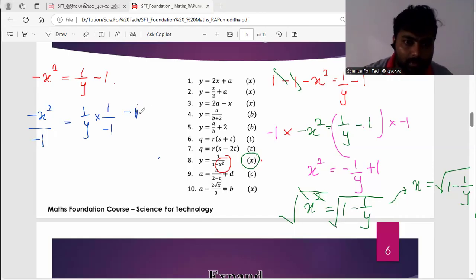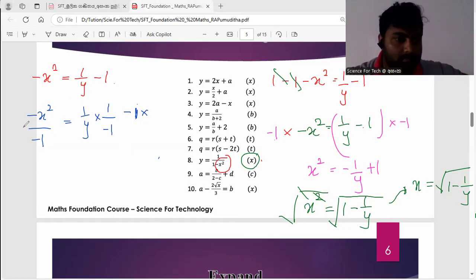Sir, how come multiplication is needed? Actually I put multiplication to make you understand it more easily, but I think it got complicated, no? Think like this. You have to divide this x by 2.